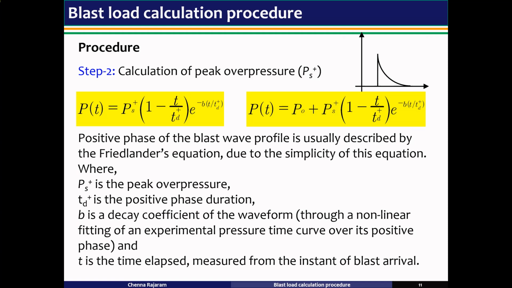When the blast wave contacts a rigid surface, the pressure is reflected larger than the incident peak pressure.